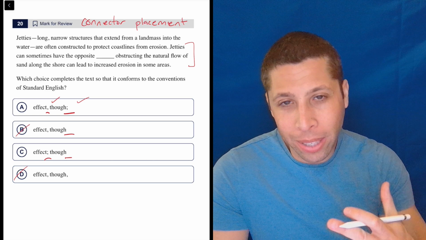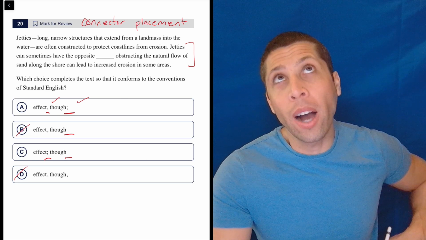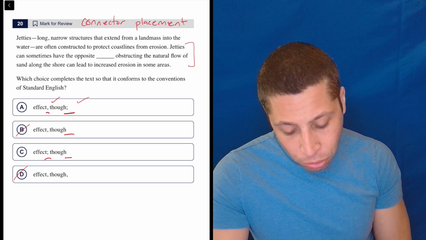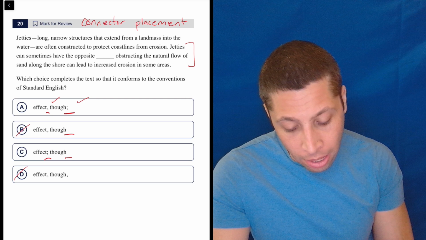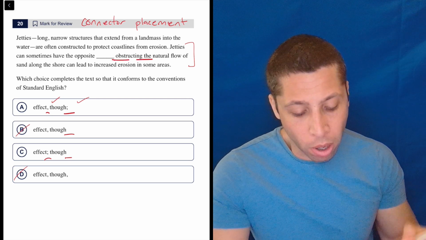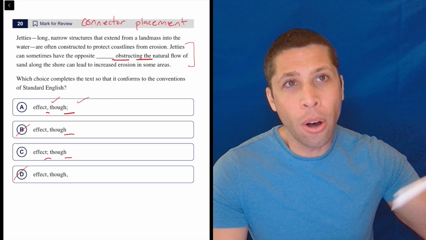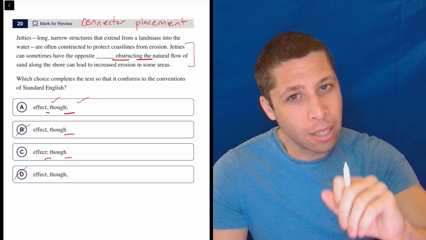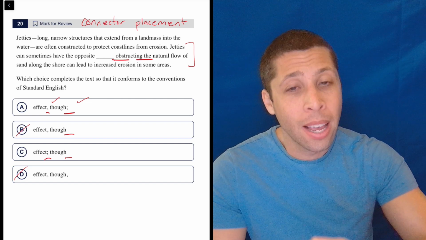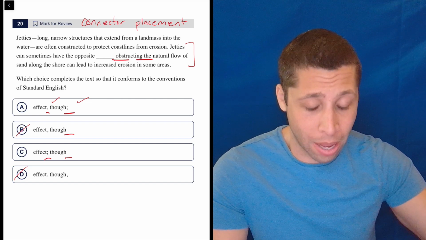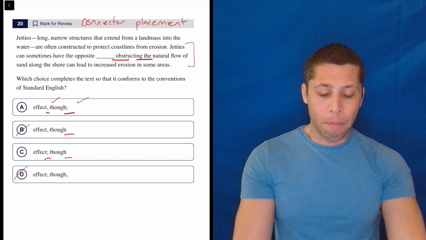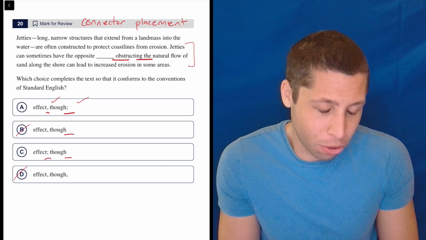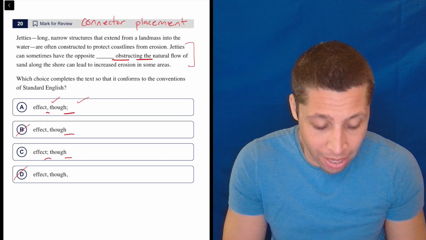I tried to read it without the pause, because if we wanted to put though after a comma or a semicolon and then lead right into obstructing the natural flow, that though becomes kind of part of the clause. It's not just like an interruption or kind of a transition word in the same way as when we see it in the transition questions. But then that clause has to behave in certain ways, and it's just not doing that here.